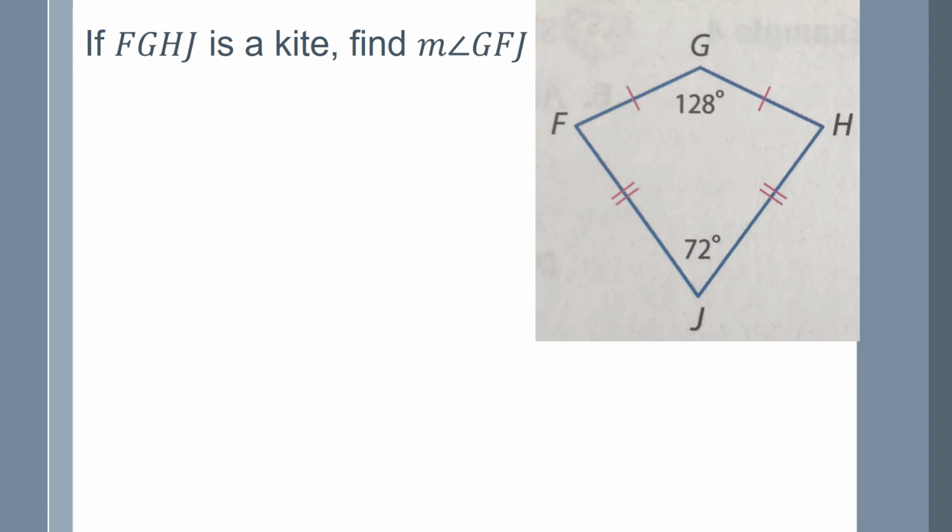Okay. So, if FGHJ is a kite, find the measure of angle GFJ. Basically, because this is a kite, we know that these two angles here are congruent. So, since they're congruent, I'm just going to put x's in for both. And then I can add up all of those angles and make them equal to 360, because the sum of the measures of any quadrilateral is always 360.